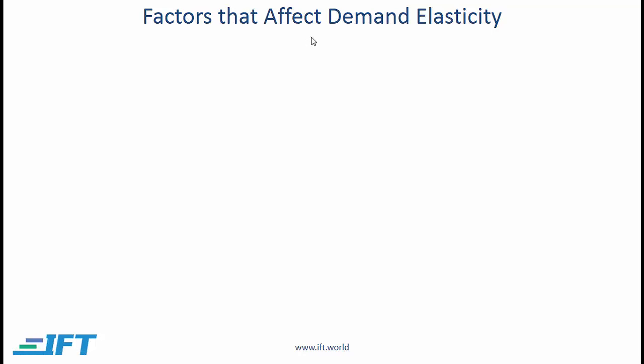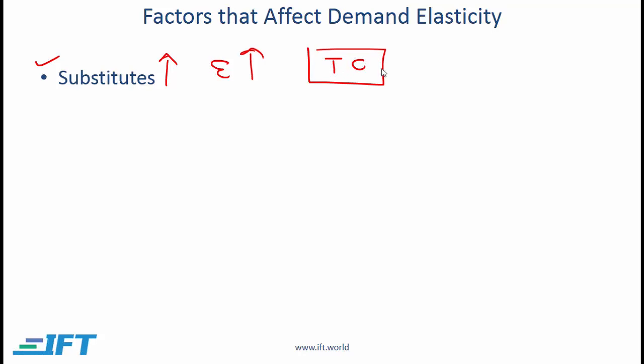There are several factors that affect demand elasticity. Probably the biggest one is the availability of close substitutes. If for a given product there are several close substitutes, then the elasticity is going to be high. Consider, for example, a product, let's say the Toyota Corolla car. Now, the Toyota Corolla has several close substitutes, such as the Honda Civic or the Lancer, and if you are in the US, there will be several American cars that are close substitutes.